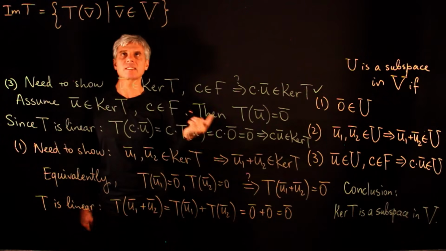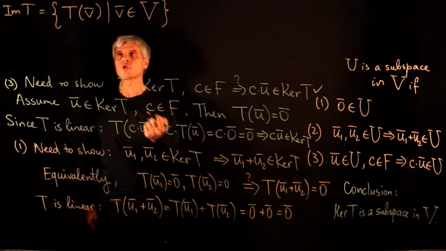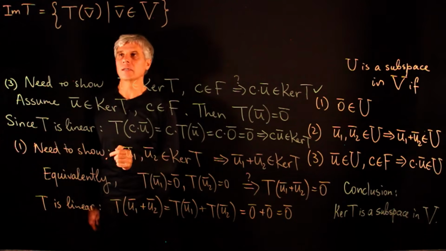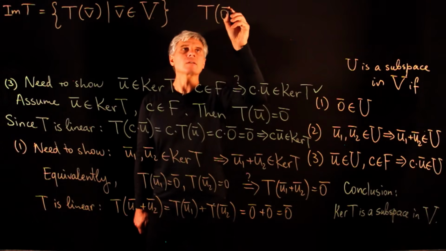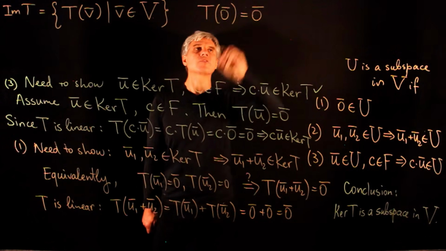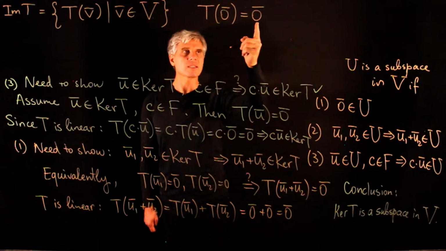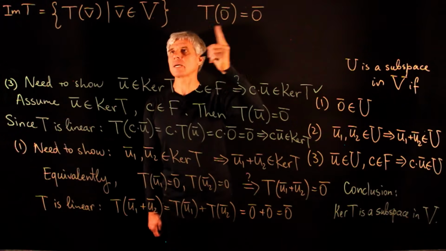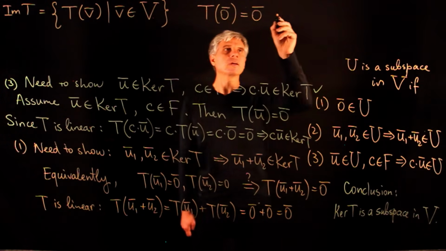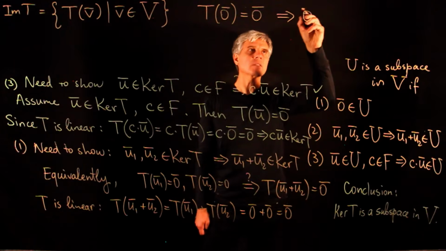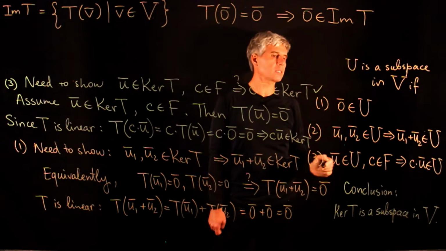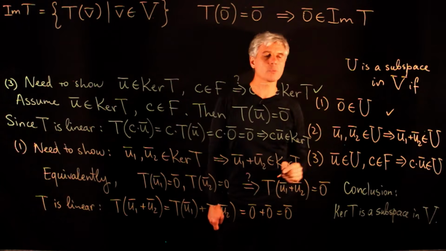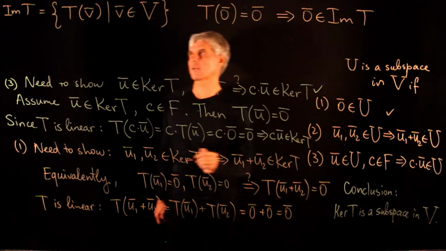This means that the 0 vector is an image of some vector in V. But we know that this is true because T of a 0 vector is equal to the 0 vector. So this means that the 0 vector is the image of something in V. And so this implies that the 0 vector belongs to the image of T. And this establishes the first property of a subspace.